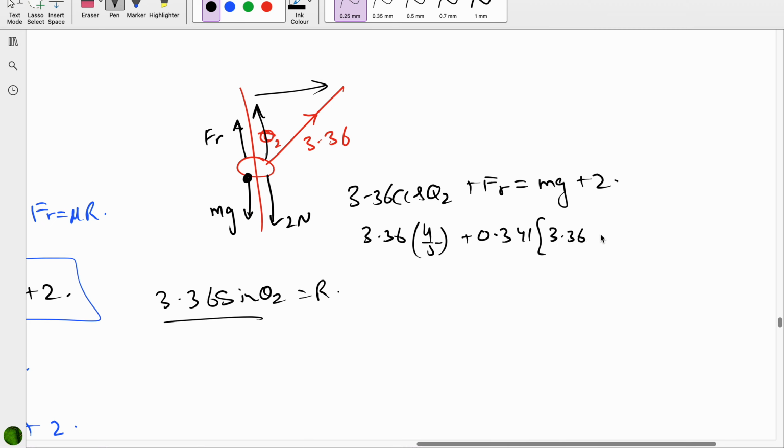This is 3.36. Sine of theta 2 is 3 by 5 equals m is unknown, gravity is 10, plus 2. So the only unknown is m.